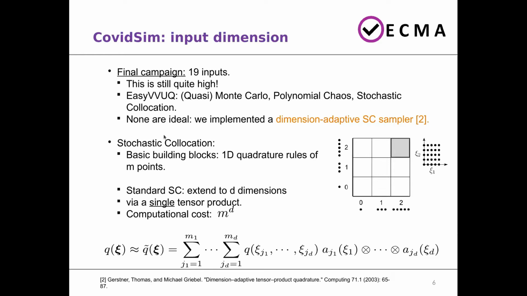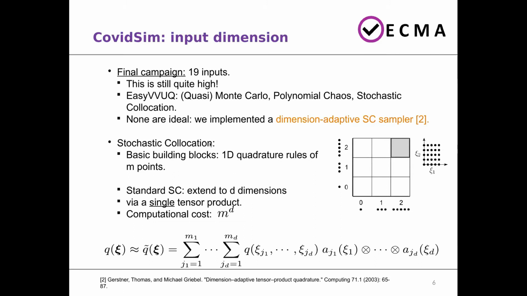If you're not familiar with stochastic collocation, the basic building blocks of these methods are one-dimensional quadrature rules of m points, where m is determined by the order of the quadrature rule. I made a little picture over here for 2 inputs. Stochastic collocation extends the 1D rules to multiple dimensions by tensor products.